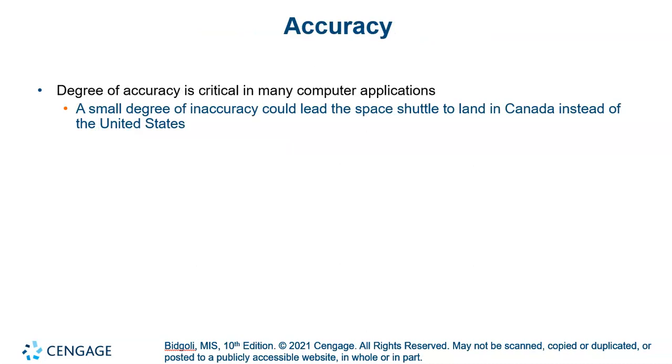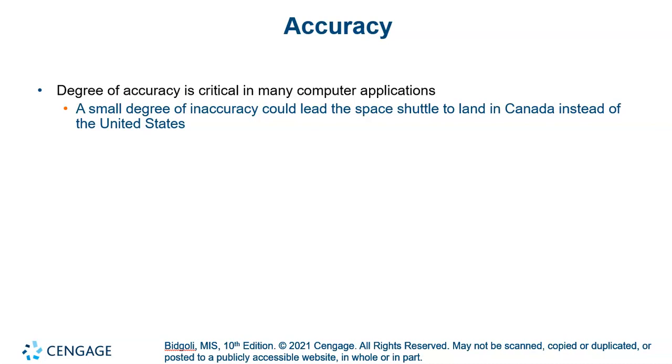Let's talk about the accuracy of it. Computers can do calculations out to an almost infinite number and give you extremely accurate information. The example here is, when you're approaching landing, whether it's a space shuttle, which we don't use anymore, or even the SpaceX Dragon crew module, the computer in there is doing so much calculation on reentry to make sure that that capsule, that vehicle gets exactly where it needs to be safely.